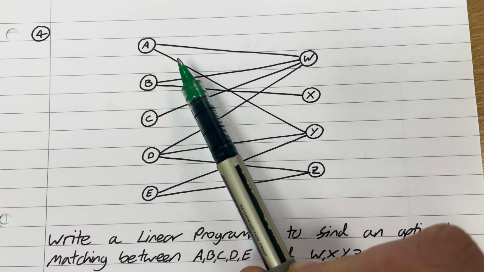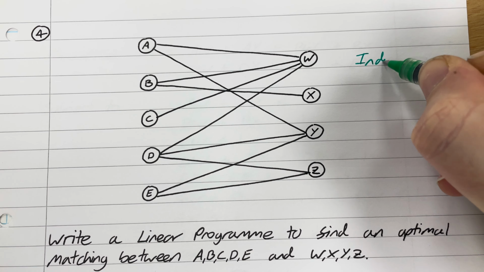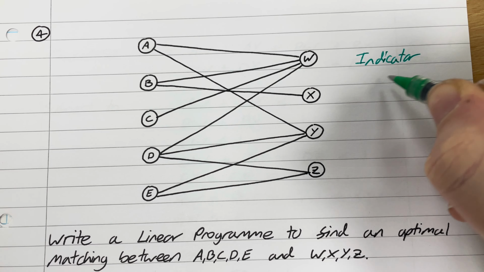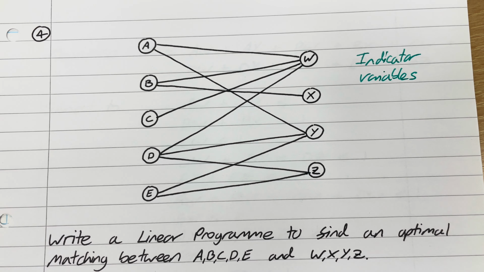Well, what we're going to do is we're going to use indicator variables again. So just in my previous video, I talked about indicator variables as being variables which are either on or off. So they're either 1 or 0. And they indicate whether an arc is being used or not. So in this case, we're going to assign each of these arcs to a variable, and then that variable is either 1 or 0. 1, we're going to use it in our optimal solution, and 0, we are not using it in our optimal solution.